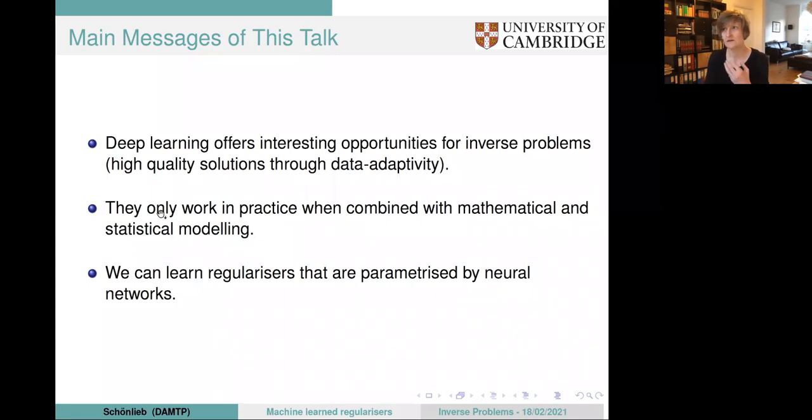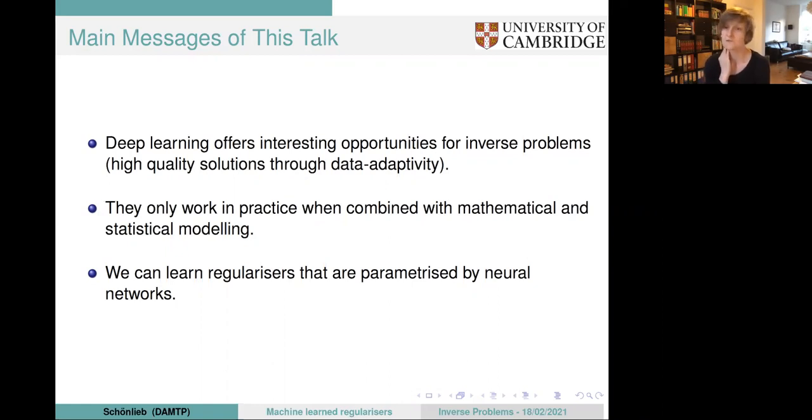I think the nice thing, or where we as mathematicians come into the game, is that in contrast to many of these applications of deep learning, like playing Go or chess or in computer vision, where you have tons of images at your disposal that you can train with, inverse problems can't be solved just like that with deep neural networks.